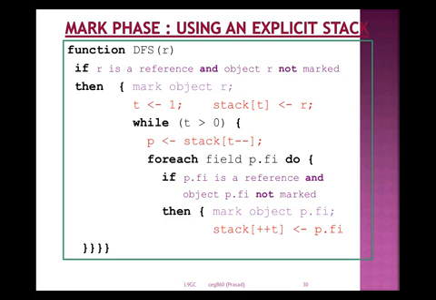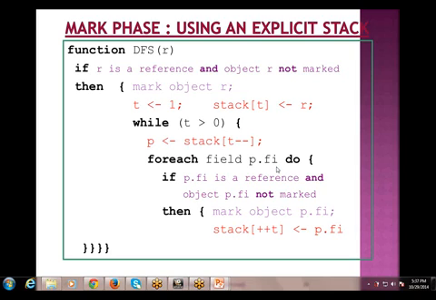For each field p.fi, do the following operations. If p.fi is a reference and the object p.fi is not marked, then mark the object p.fi, then increment the stack pointer T and store p.fi.